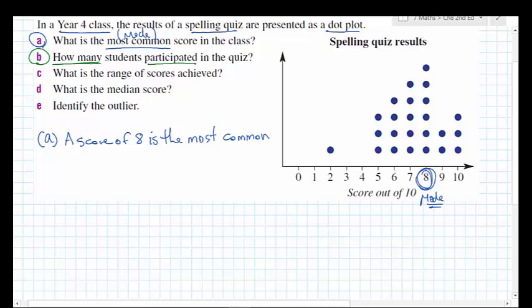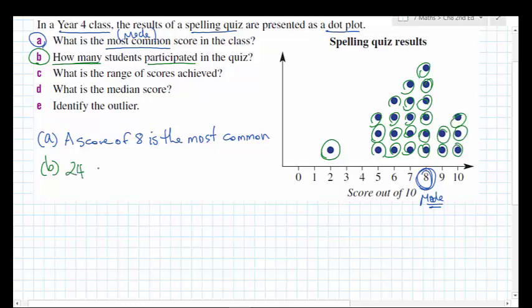Essentially all we need to do for B is count up the number of dots. 1, 2, 3, 4, 5, 6, 7, 8, 9, 10, 11, 12, 13, 14, 15, 16, 17, 18, 19, 20, 1, 2, 3, 4. So there's 24 students participated. So we have 24 students participated in it.